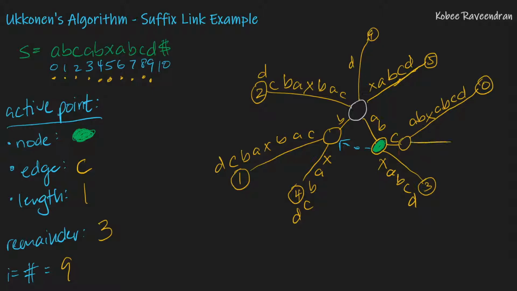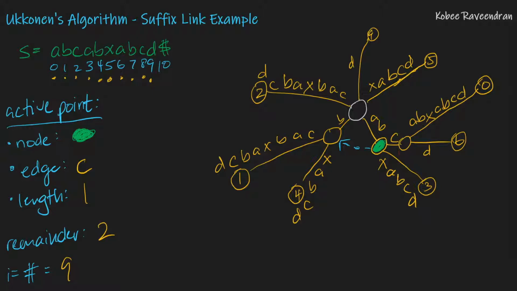I have this new edge for just the D, which represents the suffix ABCD. And that started at index 9 minus 3, which is 6. So now I've added this suffix successfully. I can safely decrement the remainder down to 2.